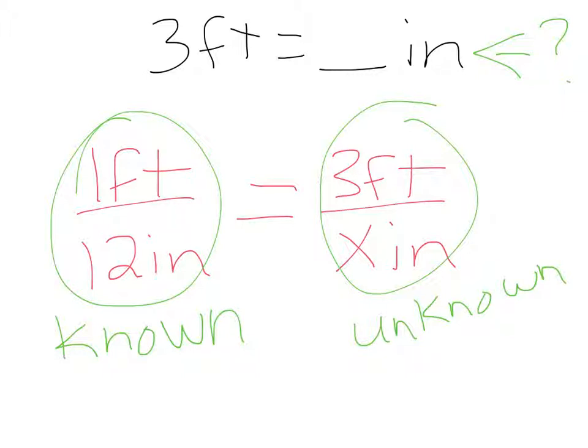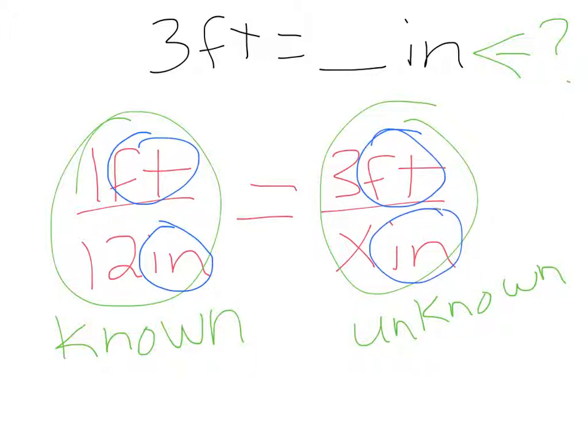The only other rule we had for setting up proportions on our own, rule number 2, was that our units had to match. You noticed on the known side I put feet on top, so therefore I had to put feet on top of the unknown side. Same thing with inches at the bottom. I put inches on the bottom of the unknown side. So again, it was read as an analogy.